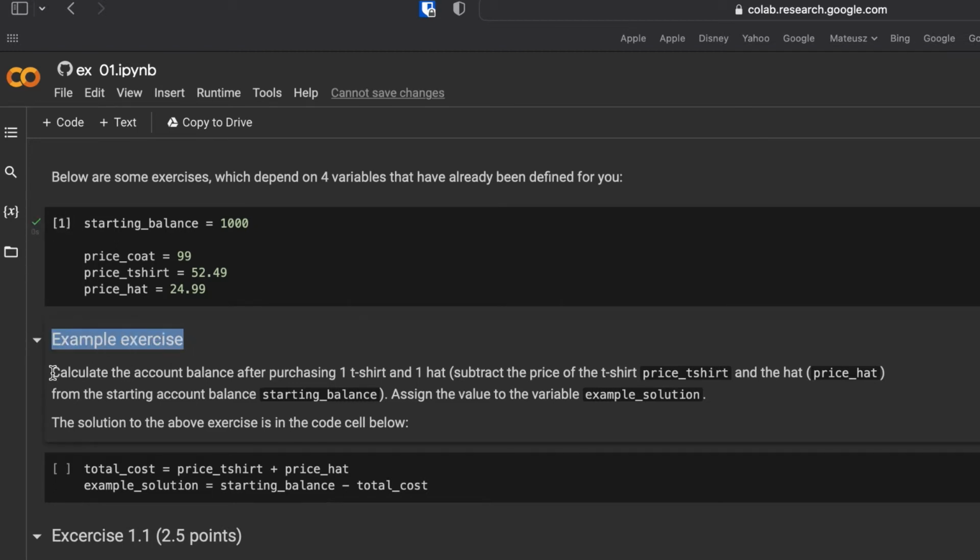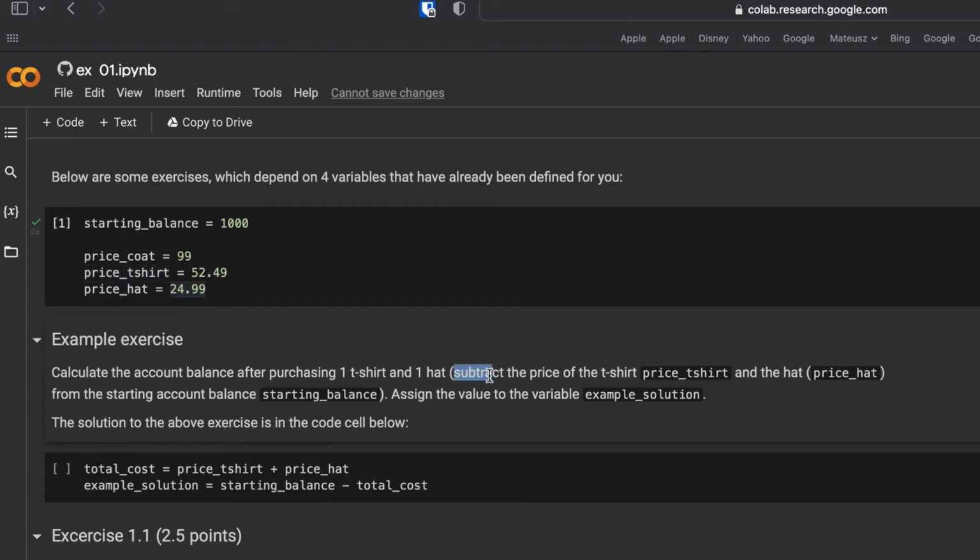The example exercise tells us that you have to calculate the account balance after purchasing one t-shirt and one hat. Okay, so now let's have a look at the variables. We have a price of t-shirt, so most likely we will have to use it. And we also have a price of a hat.